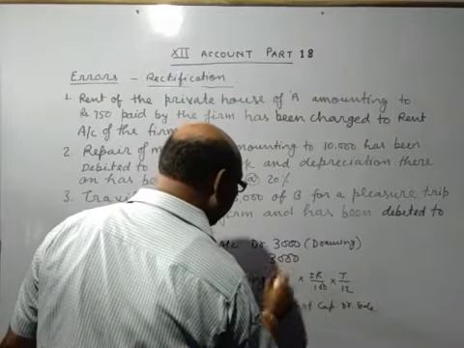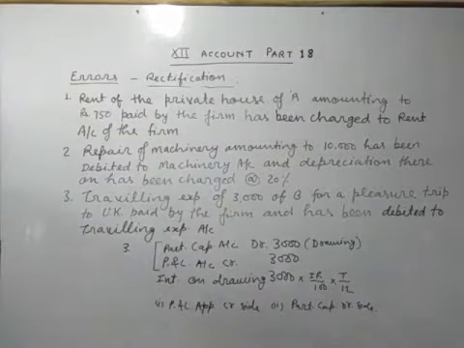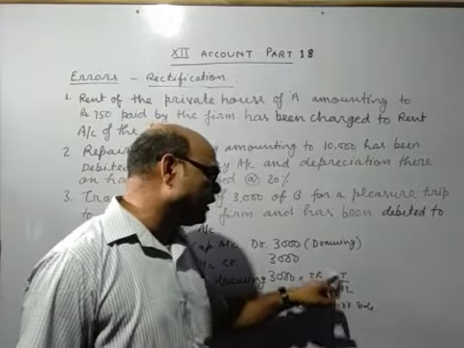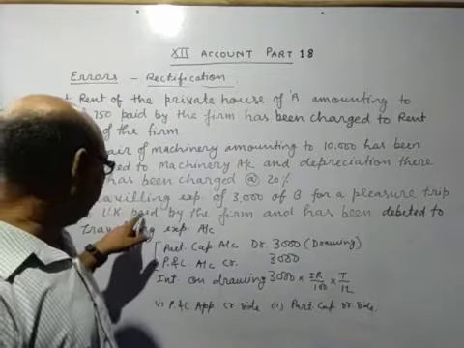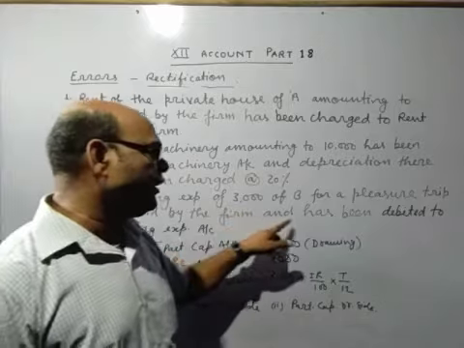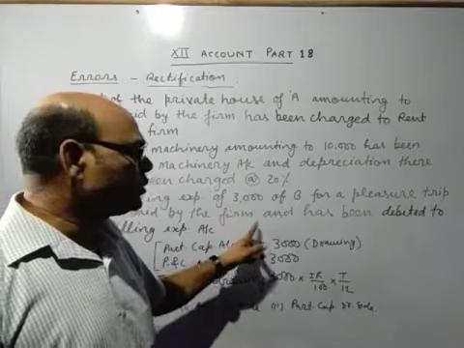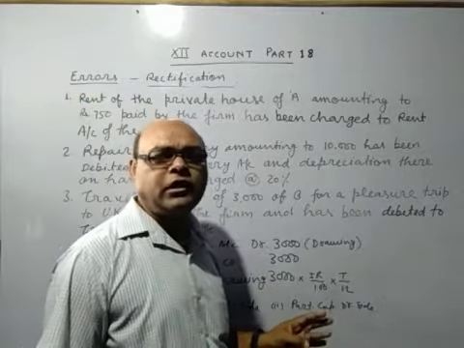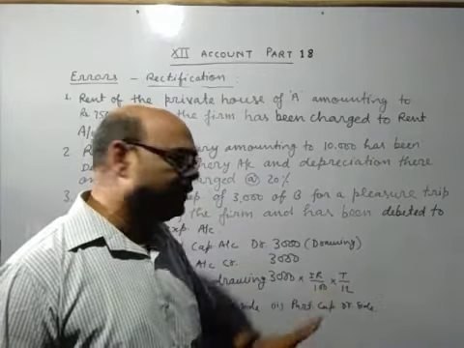Because this is a drawing, you will also calculate the interest on drawing. On 3000 you will calculate interest rate upon 100 into time upon 12. For example, if the firm has paid this amount on 1st September, then from 1st September to 31st March is September, October, November, December, January, February and March, 7 months. So the time period will be 7 by 12.